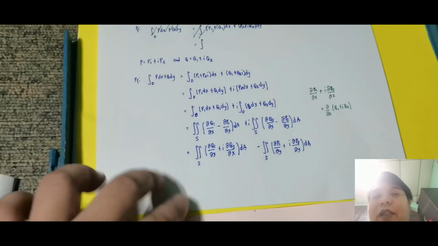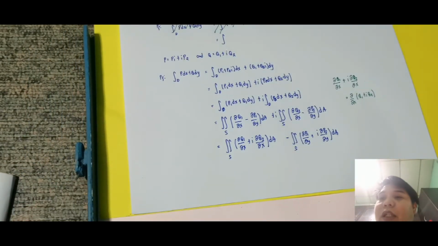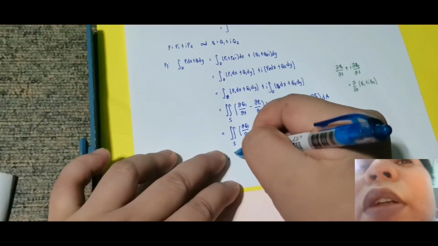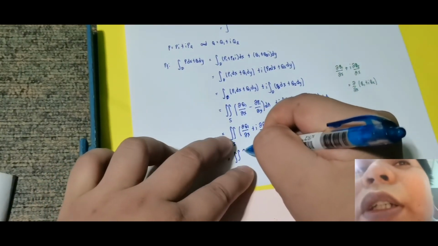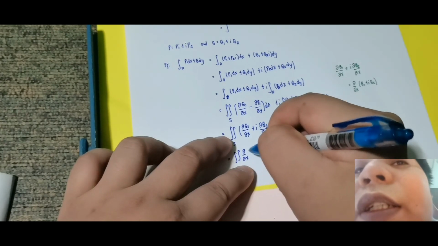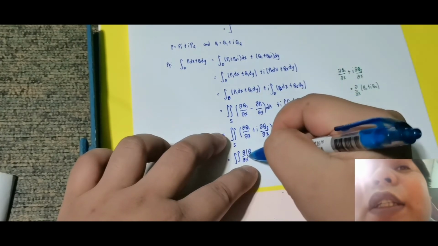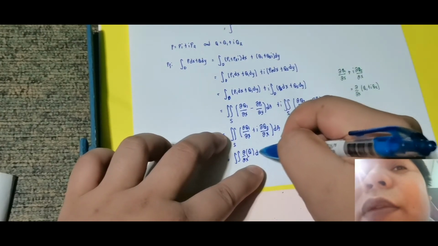So meaning, pag minus natin yun, that is simply mag-iisang integral na lang siya. So ito ay magiging double integral ng partial with respect sa X ng Q, kasi Q siya sa taas. Okay, then dA.